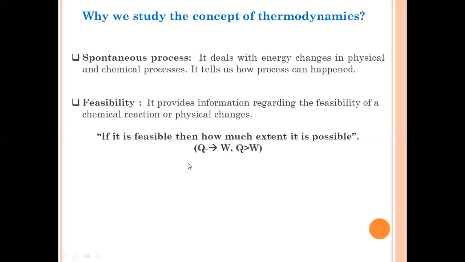Let us consider a system in which a certain quantity of heat is supplied and the system produces a useful work equal to W. But in some cases, the heat supplied is not completely converted into work, meaning some amount of heat is lost from the system.